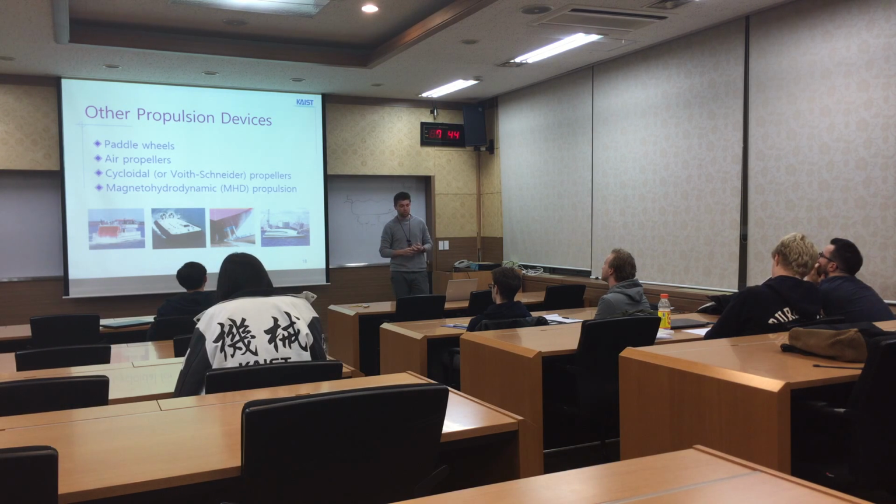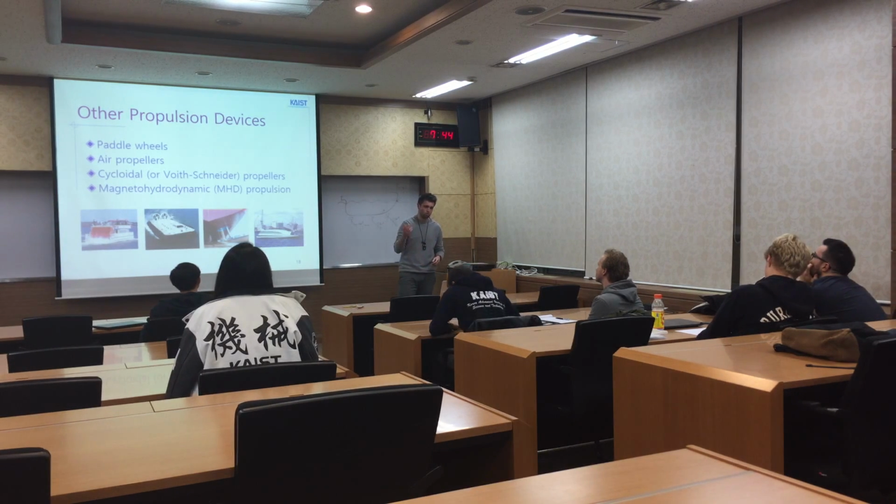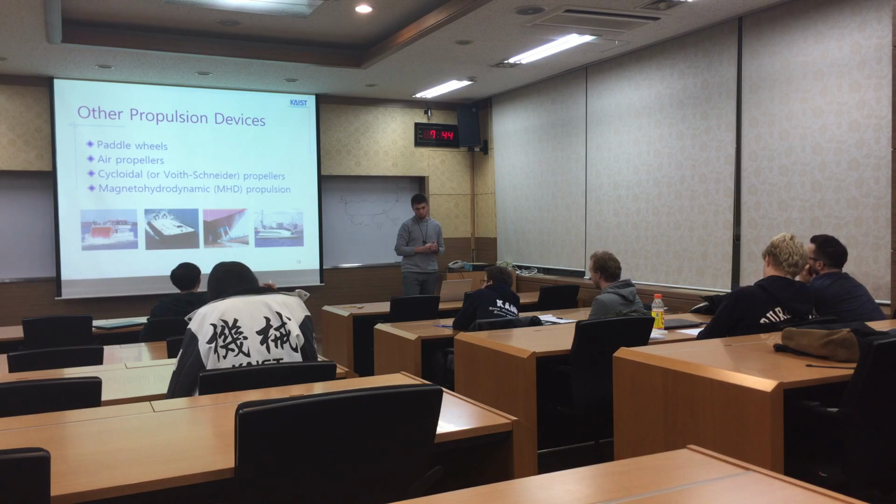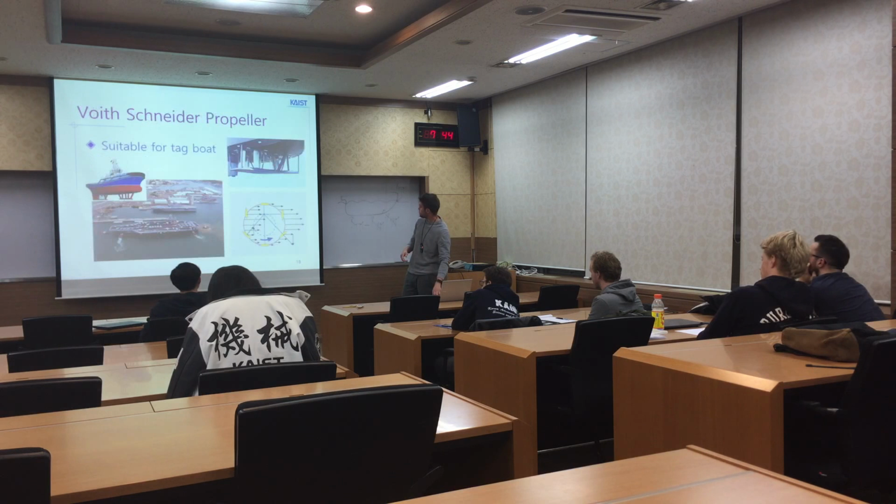You normally use them for vehicles in weed-infested areas where screw propellers would be unstable, like hitting wood or grass underwater. And then there are the cycloidal propellers and magnetohydrodynamic propellers. So I will talk about them here.